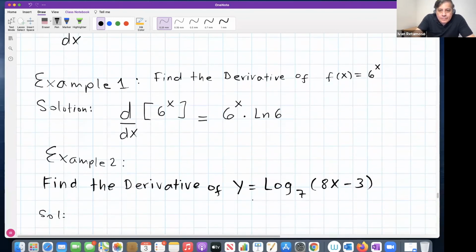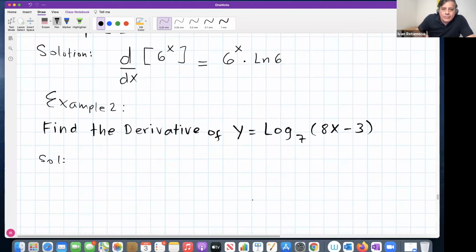Example 2. What if they ask you to figure out the derivative of this composite function, y equals log base 7 of 8x minus 3? Okay, this is a composite function.